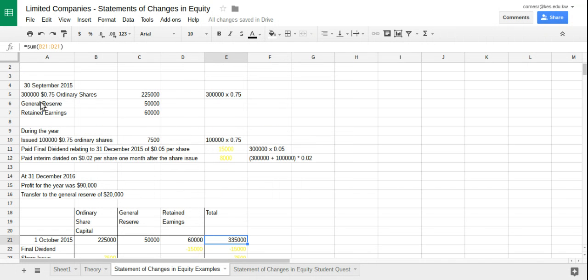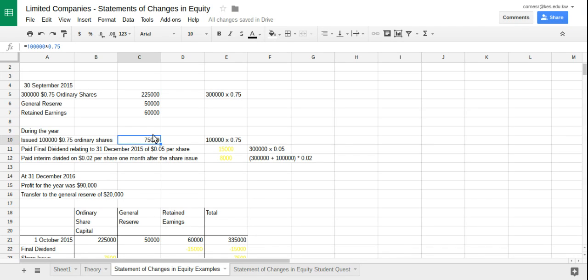Okay, the next bit of information we're given is the business has issued 100,000 0.75 ordinary shares. So I think I've made a bit of an error here, to be honest. So the business has issued $75,000 or £75,000 worth of ordinary shares.